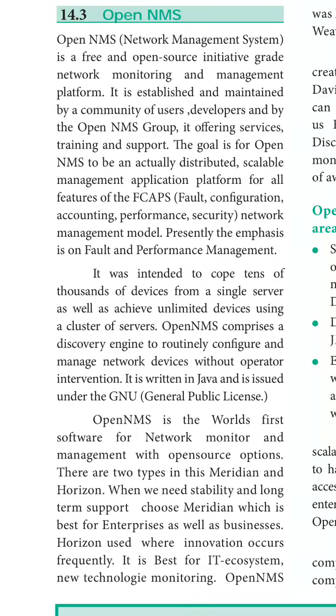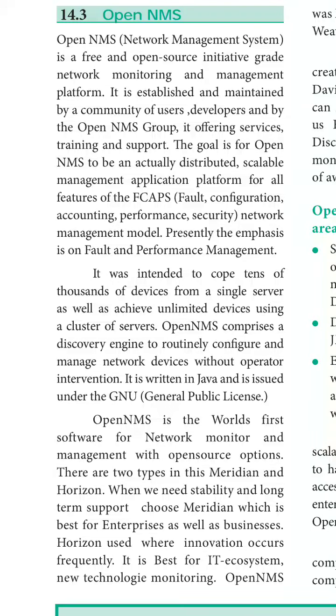It offers services, training, and support. The goal of OpenNMS is to deliver a scalable management application platform for fault, configuration, accounting, performance, and security of the network. Presently, they emphasize fault and performance management.